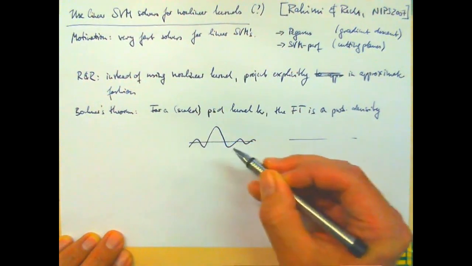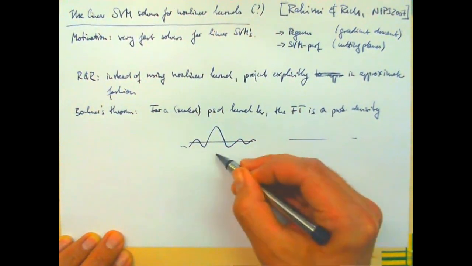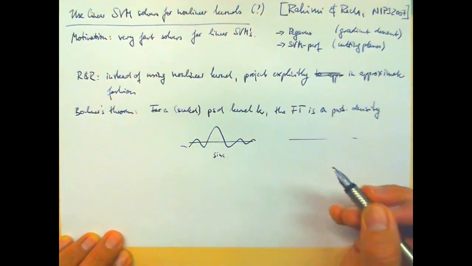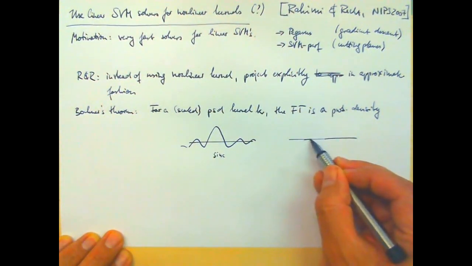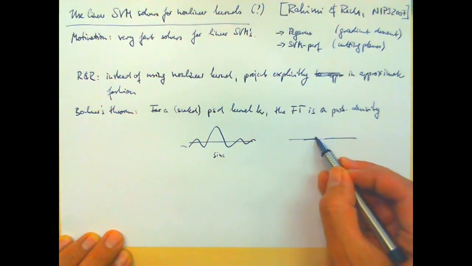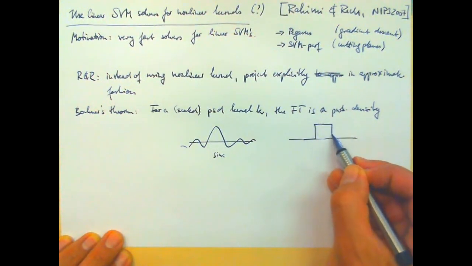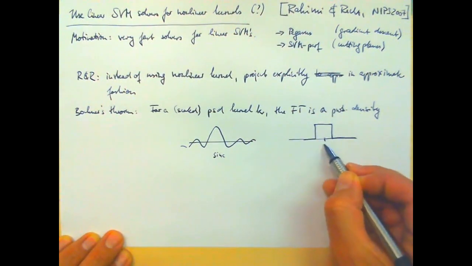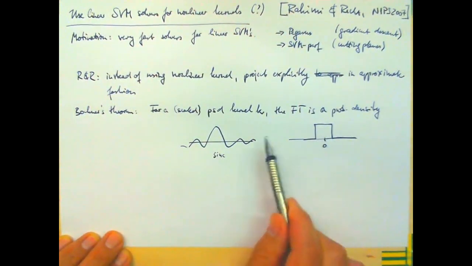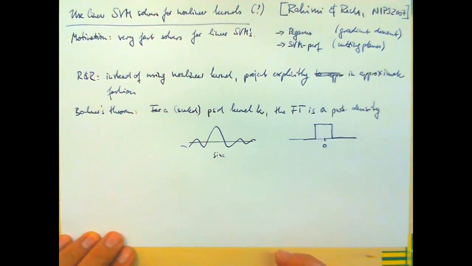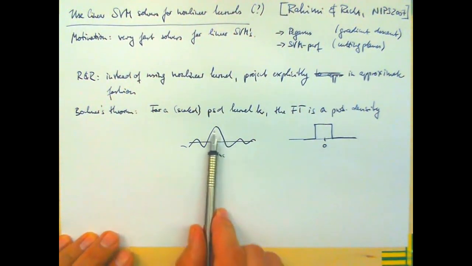So let's say this is sinc. And if I Fourier transform it, I get out something that is strictly non-negative. So this is a low pass in the frequency domain and in the spatial domain. So by the way, this tells you that that would be an admissible kernel.